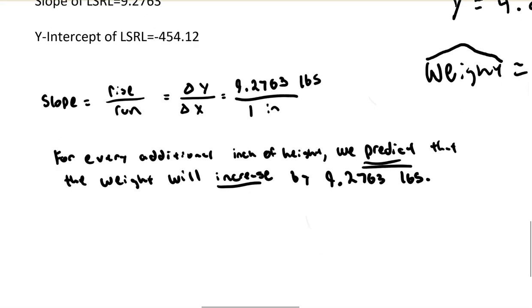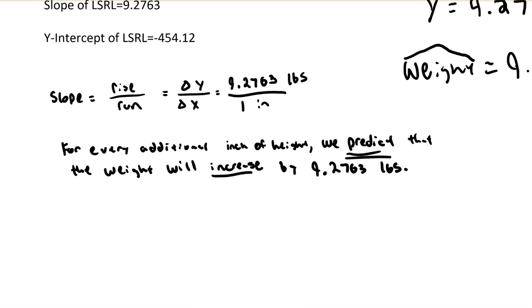Now, we can do something similar for the y-intercept, and you can think of the y-intercept in the following way. The y-intercept graphically is what we have when we take 0 to be the x value. We say, what is the y-intercept going to be?